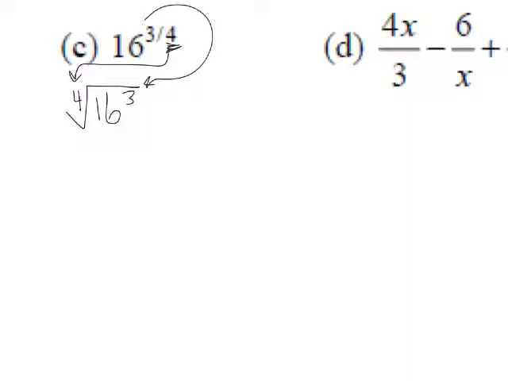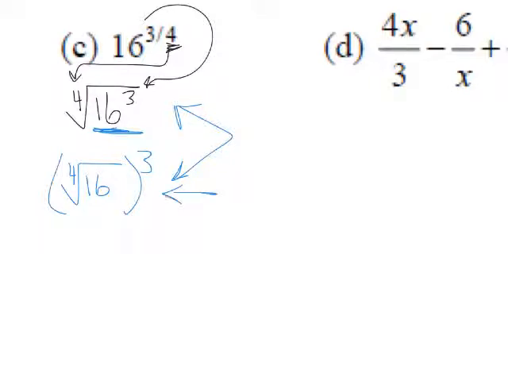This might be a little difficult to solve in the head. What is 16 to the 3rd in the head? So another way we might write this actually is the 4th root of 16 all raised to the 3rd. And either one of these are acceptable reformatting of the answer. I just happen to favor the second one because that's something that can be done in the head.